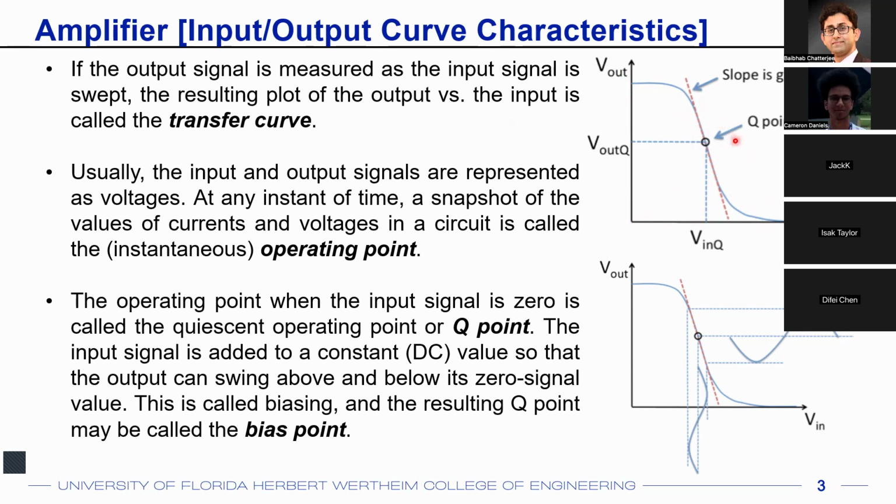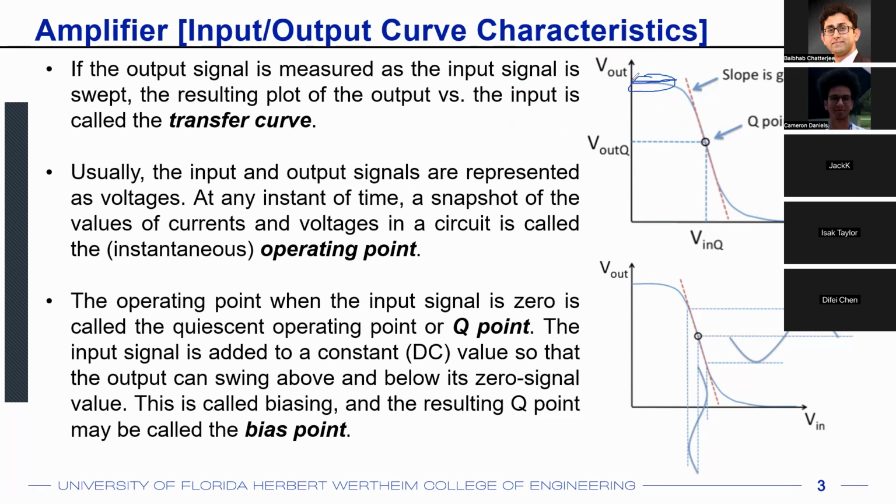But what is the slope of this curve? Think about the slope of this curve. Your y-axis is V out, x-axis is V in. dV out over dV in, what is that? That is gain, right? Any small change in the input voltage and the resulting small change in the output voltage, the output to input ratio is the gain. What is the value of the gain in this circuit when the operating point is here?